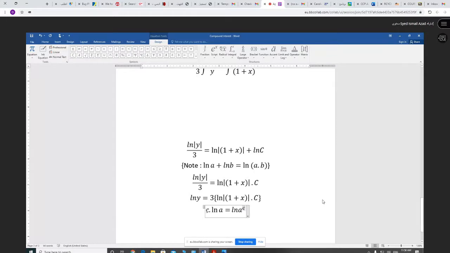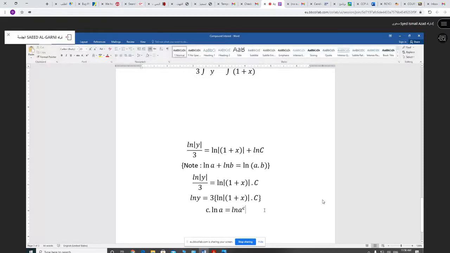So if you see a value is multiplied before the ln, it will go to the power. This is again a property of a log. This is something you don't have to rely on, you just have to remember it. This is a rule.